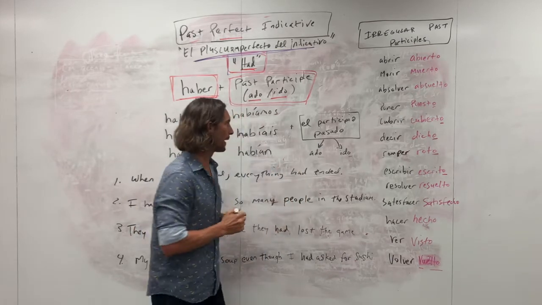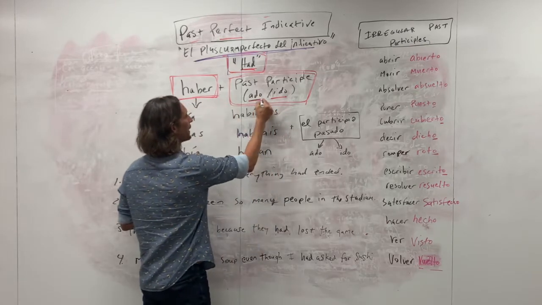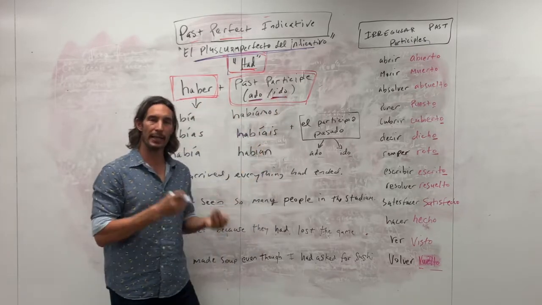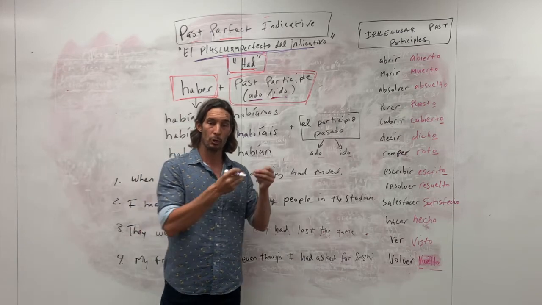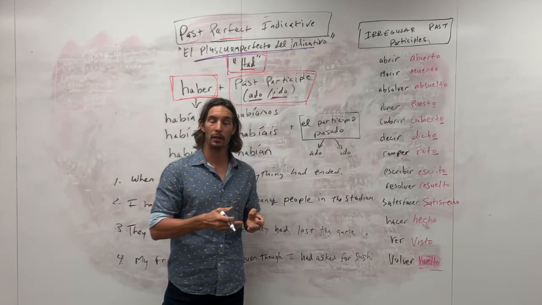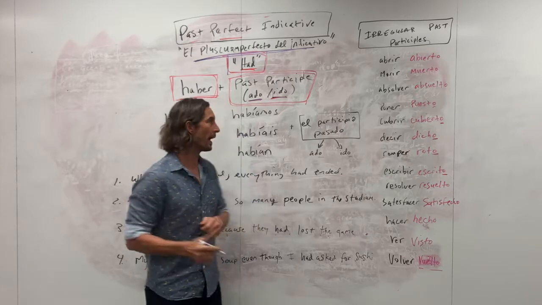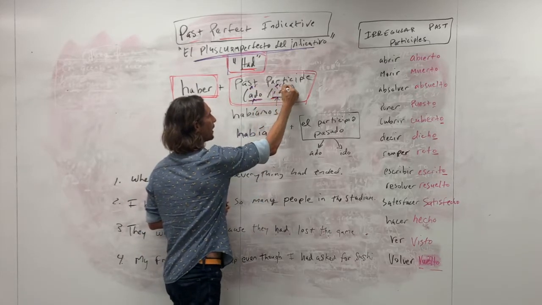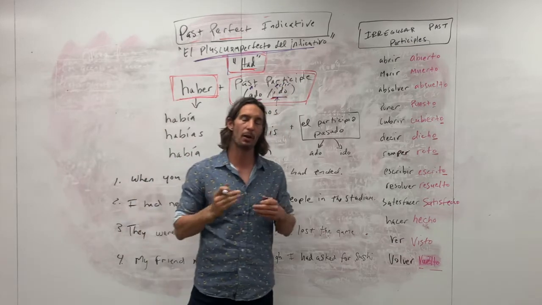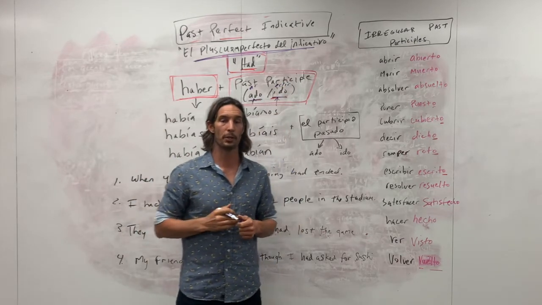Now, the regular past participles are what we keep calling ado and ido. In other words, to make a past participle, you drop the AR, ER, IR for the regulars at least, and then you add ado for AR and ido for ER and IR, right? That's how all regular past participles are created.